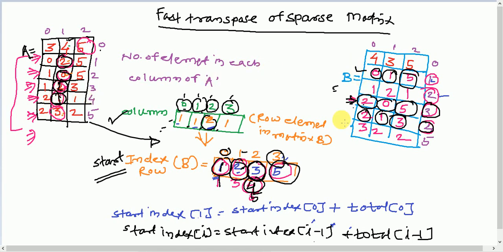We find the start index of 1 is 2. So at 2 we put the values by interchanging the row and columns. And next for 3 also we did the same thing. Its start index is 5. So at the fifth index we inserted the values. Meanwhile, our k goes beyond the total number of non-zero elements, 5, and our algorithm terminates here.